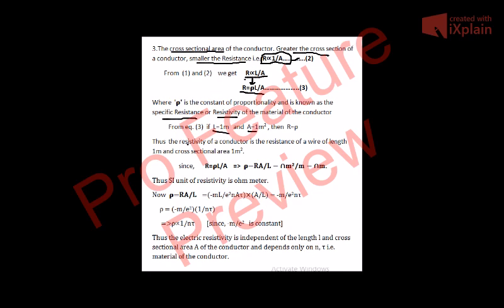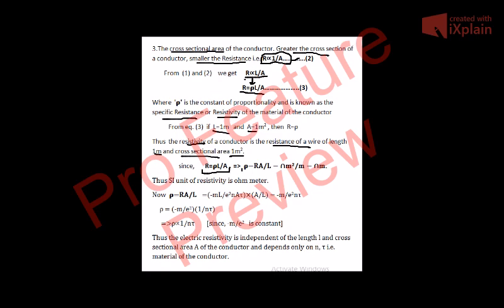Thus, the resistivity of a conductor is the resistance of a wire of length 1 meter and cross-sectional area 1 m square. Since R is equal to rho L upon A, it means rho is equal to RA upon L.